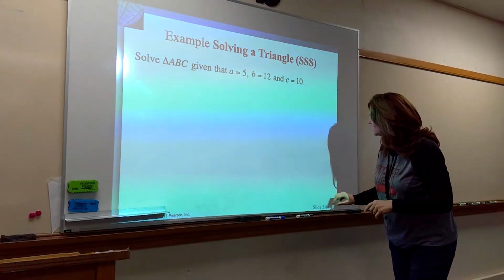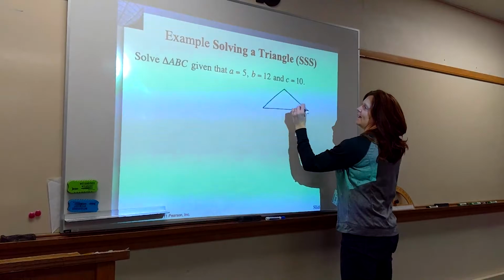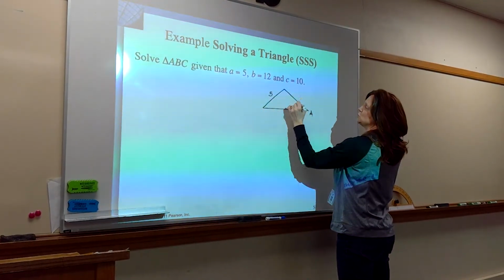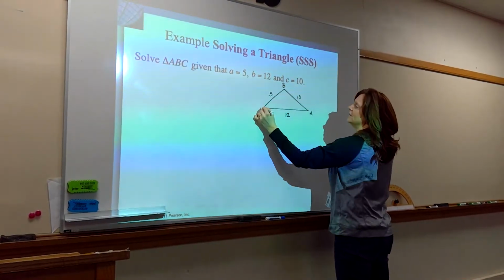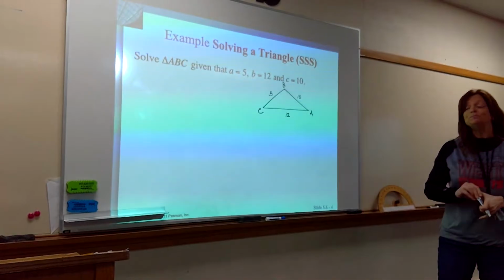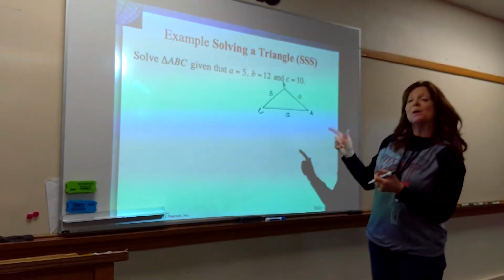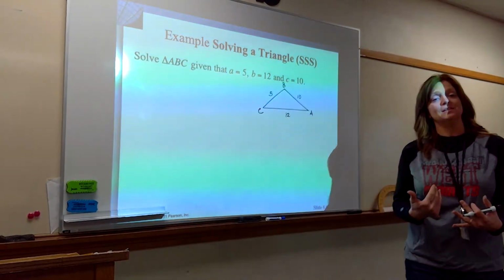All right, so back to this example. I have 3 sides: I have side 5, I have side 12, which will be the biggest one, and then I have 10. So setting this one up, I did try to draw it to scale a little bit better. But remember, law of sines had the limitation of not being able to find obtuse answers.